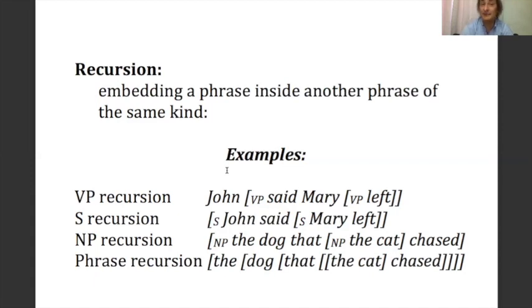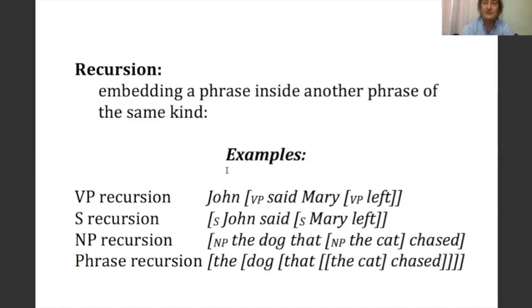That same example also shows recursion of sentences. If we think of Mary left as one sentence, well, that sentence is inside of a larger one. John said Mary left. We also have noun phrase recursion. We have the cat, that's a noun phrase. We have the dog that the cat chased, that's a noun phrase. The bigger one contains a smaller one, okay?